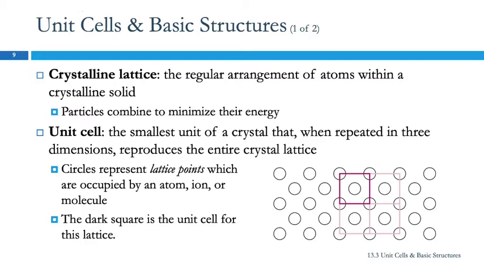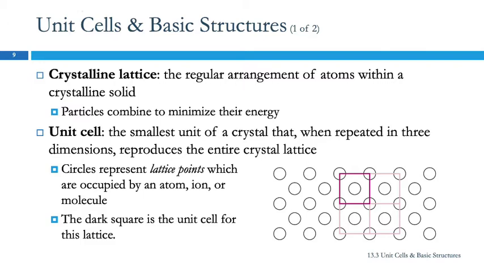Okay, so this is a 2-dimensional example. Like floor tiles, right? If this was a floor tile and you repeated it over and over, you would get this overall pattern. Now that might not be what you would go for at first.